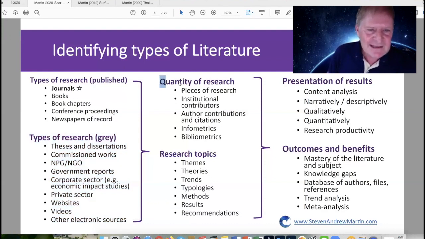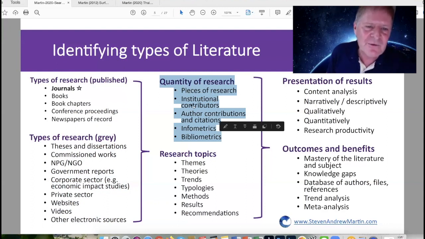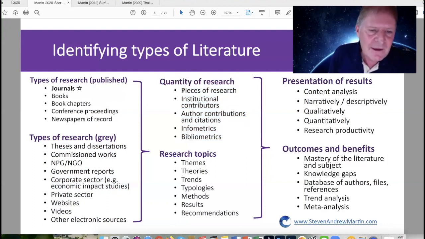And once we've made that decision, we can look at the research sort of mathematically. This is what makes a systematic review kind of interesting, that we can look at the pieces of research, we can look at institutional contributors, we can look at authors, we can look at infometrics and bibliometrics.